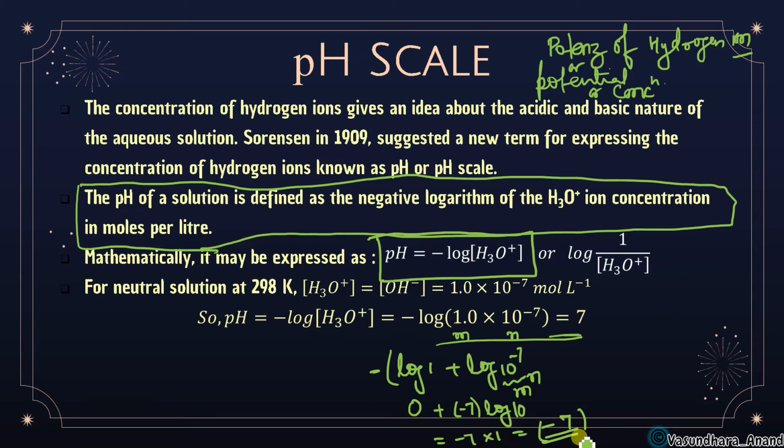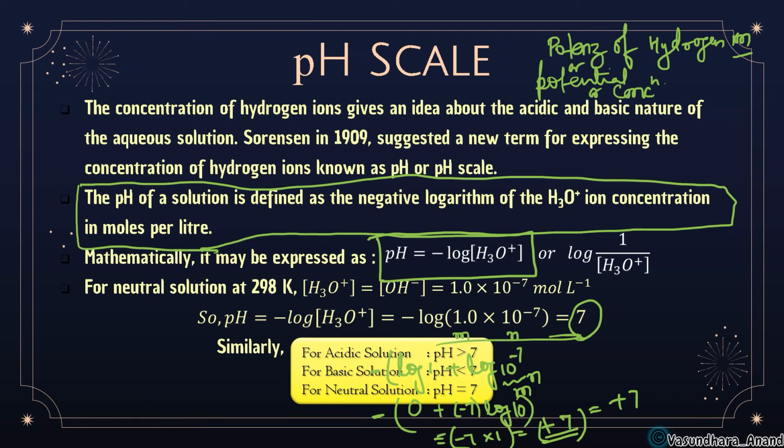With the minus sign in front, this becomes plus 7. So in a neutral solution, the concentration of H3O plus ion will be equal to the concentration of OH minus ion, and the pH will be 7. Similarly, if we talk about the acidic solution, the pH will be less than 7. Let me use another color.